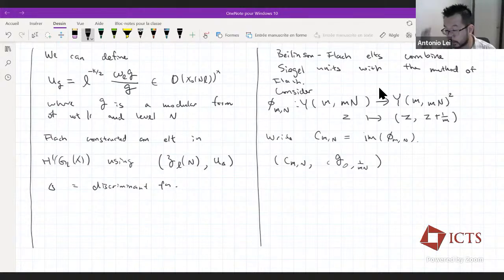And so just as what Flach did, this via the Gersten complex gives me an element in some Nisnevich homology. So all right, so this gives an element. Let's call this z_MN.